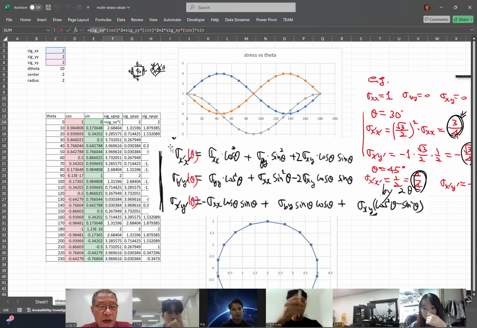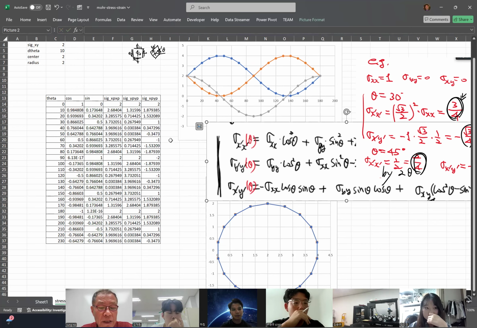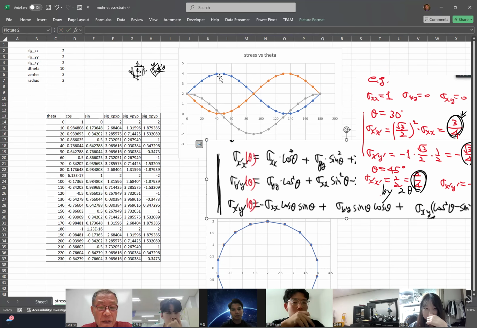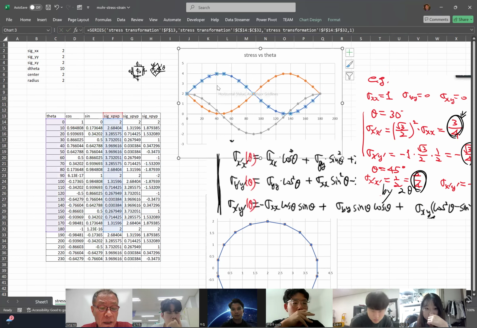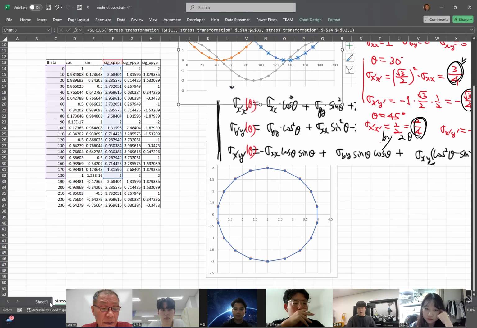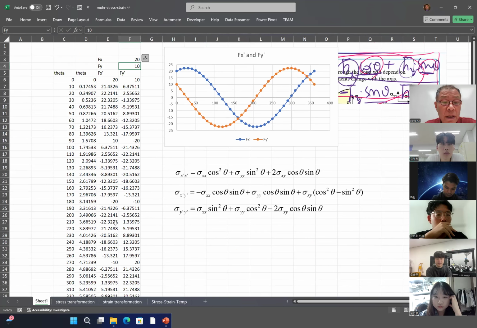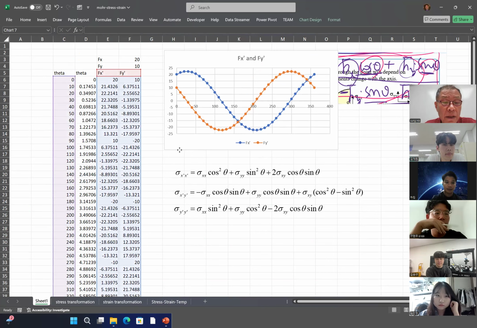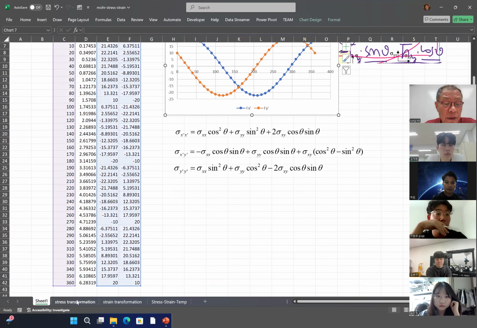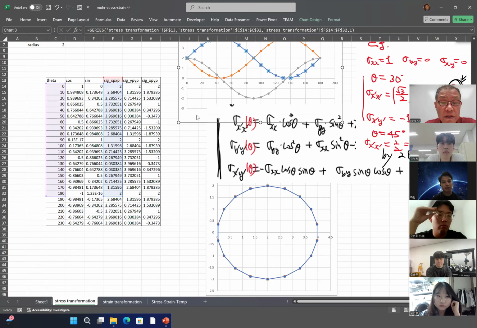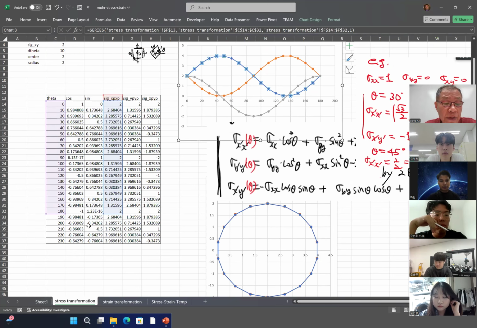Okay, I just want to remind you. Now we simply plot these three components. You can see, this one is from 0 to 180 degrees. We can simply extend the angle from 0 to 360.